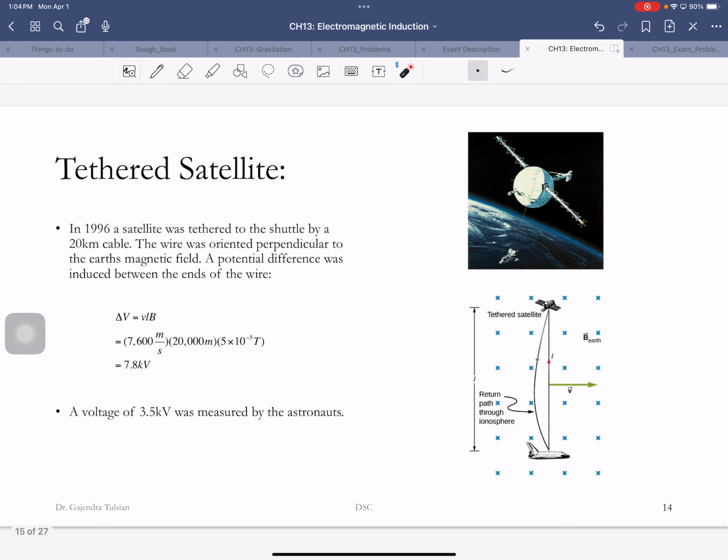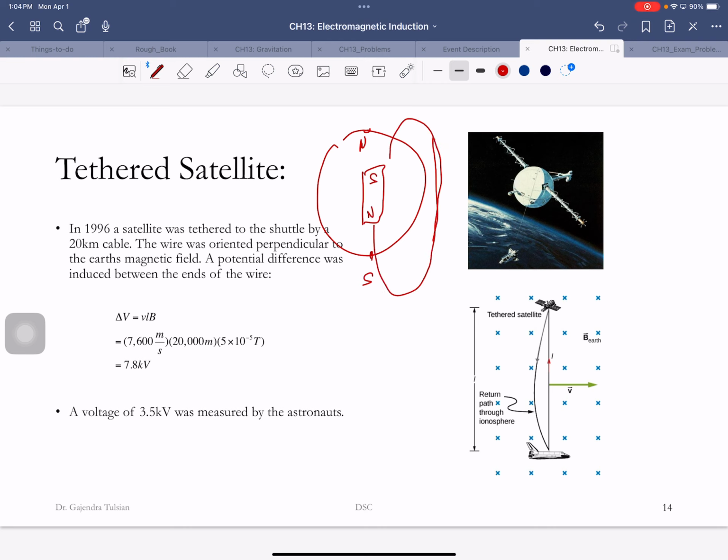They tested this using the space shuttle. You know that the Earth has a magnetic field. So there's the North Pole, here's the South Pole, and here's the magnetic field.